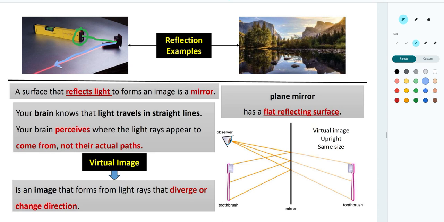Okay? And here's another example of reflection. We can see that the light is reflecting, so that it's coming from the light source to the tree, to the water, and then being reflected into our eyes so we can see it if we're standing here.